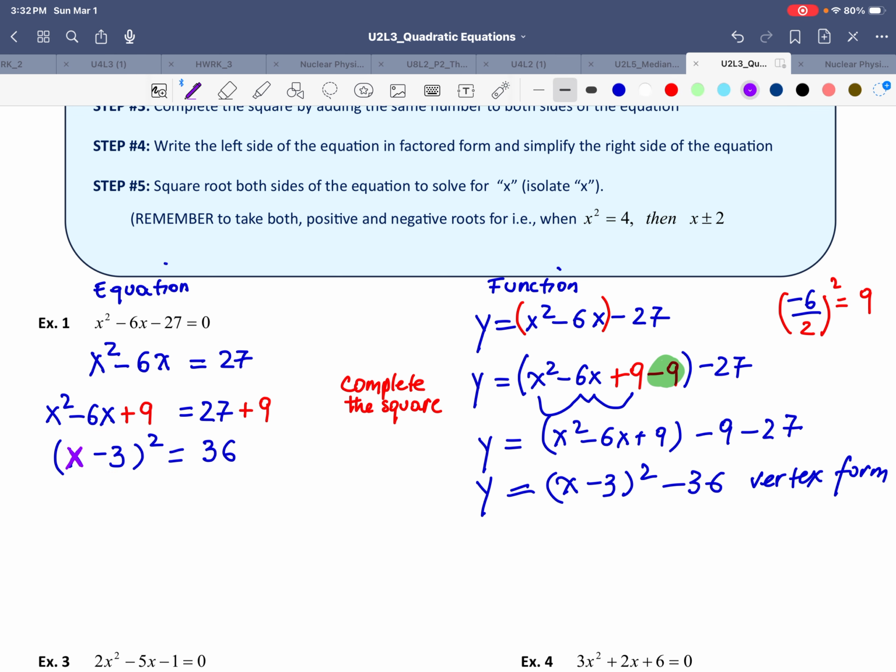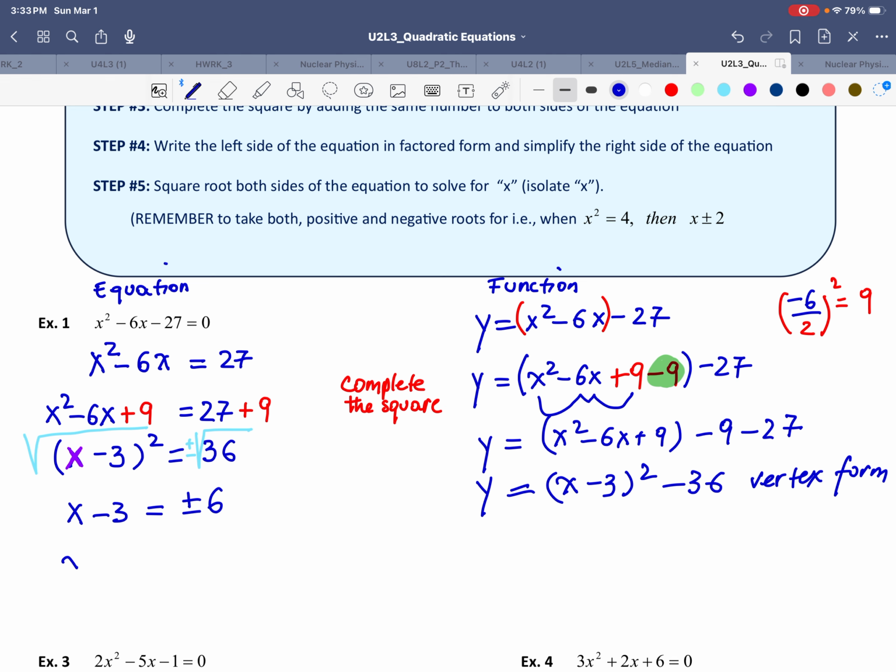So we're going to get rid of that power first. And the way we do it is by taking the square root of both sides. And we know that in an equation, when we take the square root, we have to take the positive and negative of it. And remember that the power of 2 and the square root will simplify. So we have x minus 3, and then the root of 36 is equal to 6, so plus minus 6.